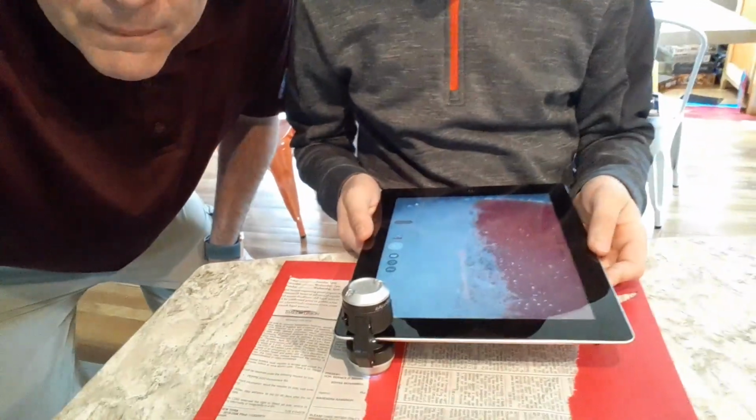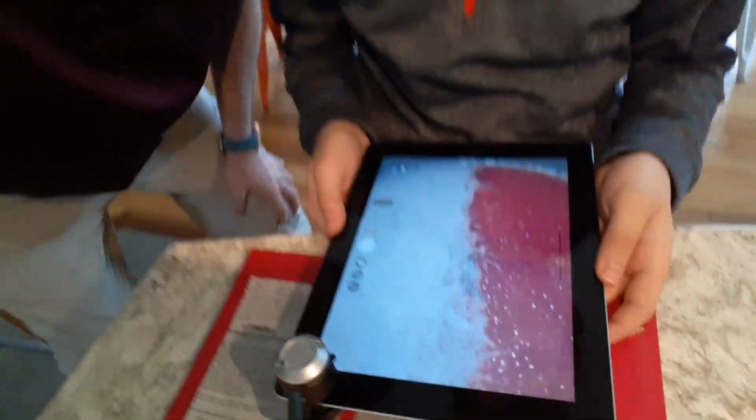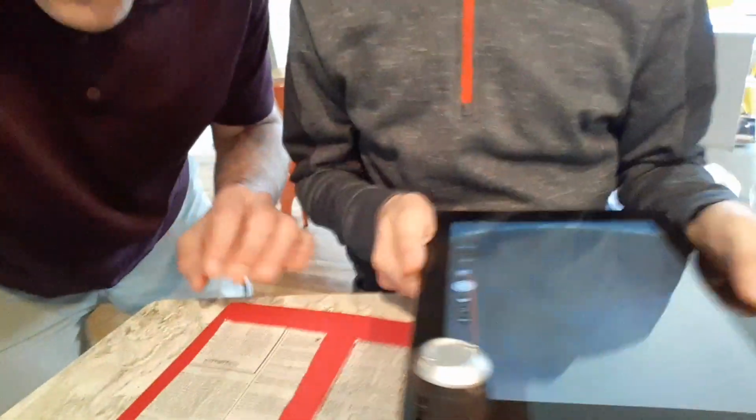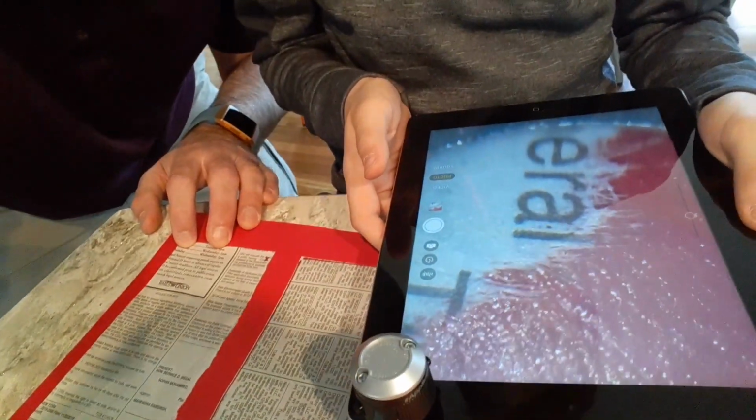So we had a chance to look at the paper under the microscope, and so what did you observe? Well, the one that was straighter seems to have been less frayed than the one that was crooked, which seems to be more frayed than the one that was straight. Right. Okay, so one of the things that happens when these newsprint papers are produced is that they're made on what's called a roll-to-roll process.